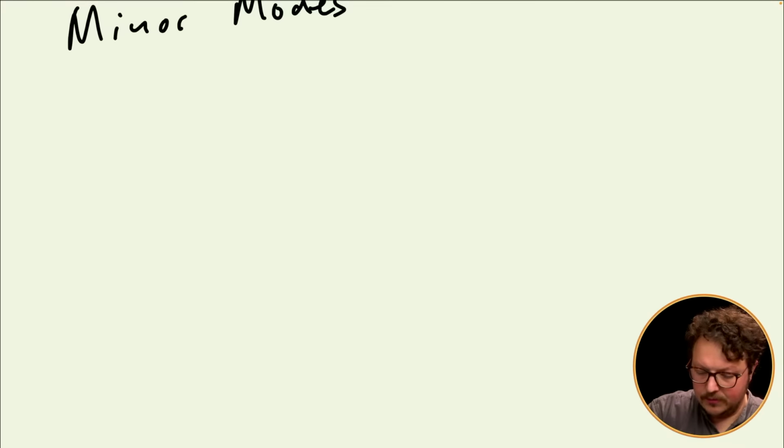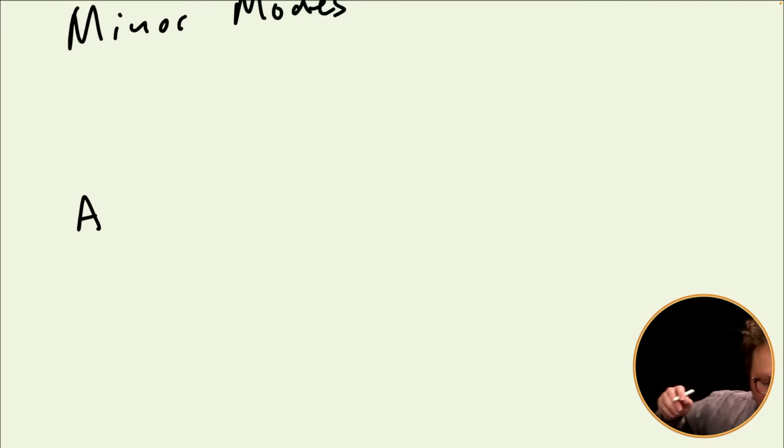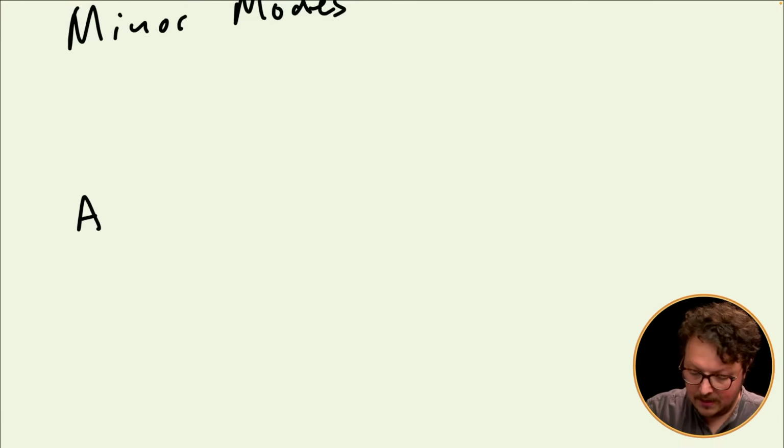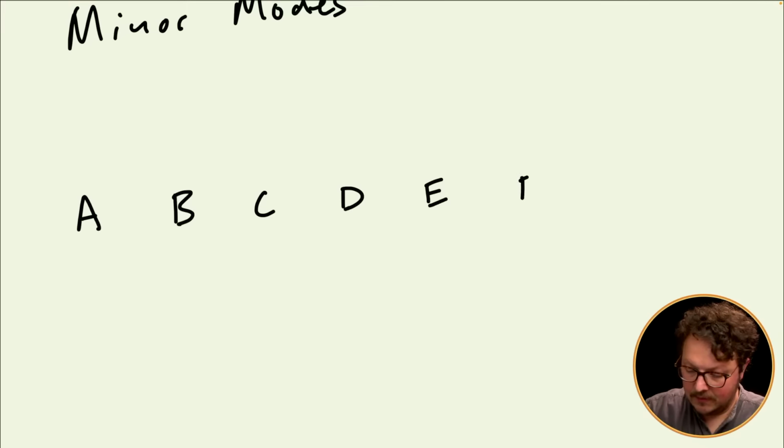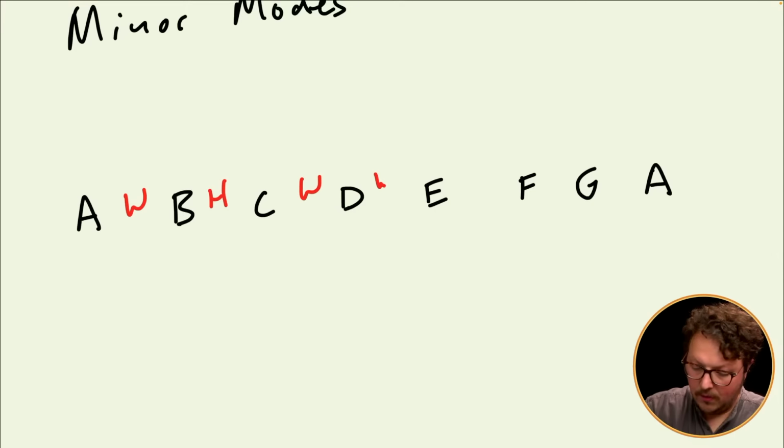So here, I'm going to use an A minor scale, and while I'm here, I'm going to clear my fingerboard. So A, B, C, D, E, F, G, A. So whole, half, whole, whole, half, whole, whole.